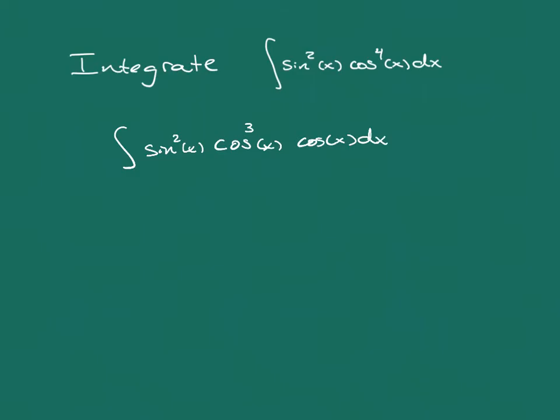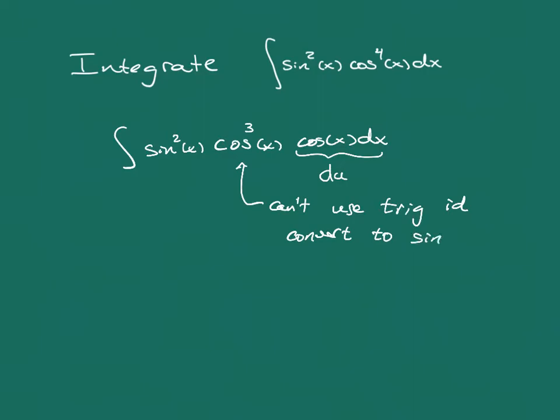Now we're left with a cosine cubed, a cosine of x dx. So what happens if we say that this is going to be set up for my u substitution with du? Because that power is odd, when I take one of them away, I can't use my trig identity to convert to sine anymore.